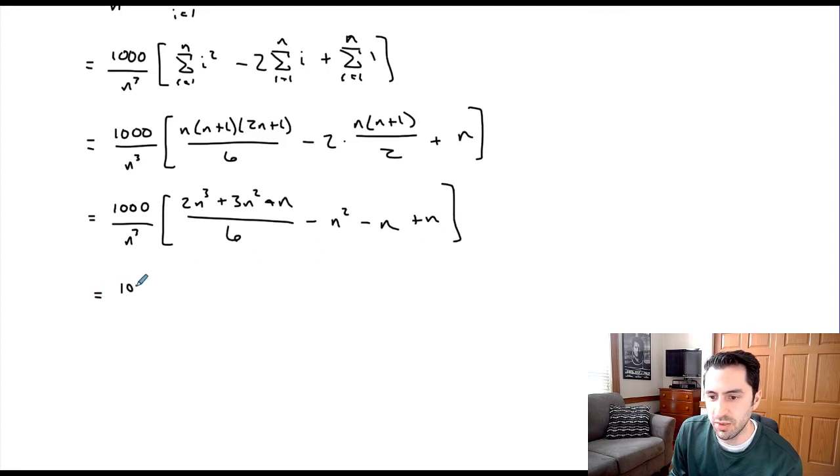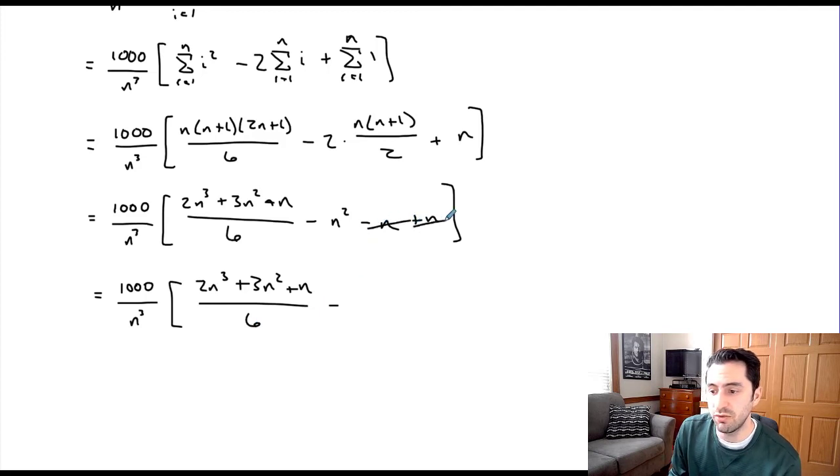So if we keep simplifying, the 1,000 over n cubed is still hanging out front. We have 2n cubed plus 3n squared plus n, all over 6. We have a positive and a negative n, which will simplify. And then I'm going to get a common denominator, so we have minus 6n squared over 6.